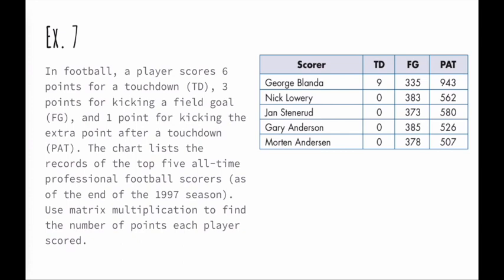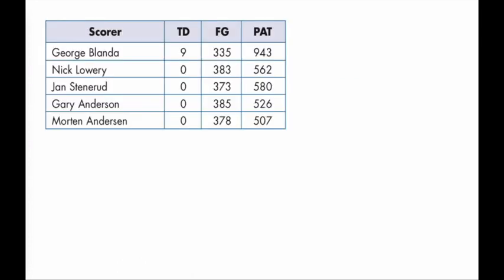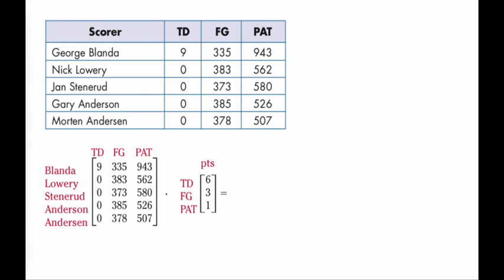So we want to multiply the number of each type of scoring thingy. I'm not a sports person. We want to multiply the number of goals, scoring thingies, by the number of points that they're worth. So, in here I've labeled them.